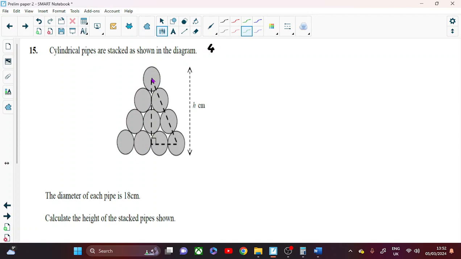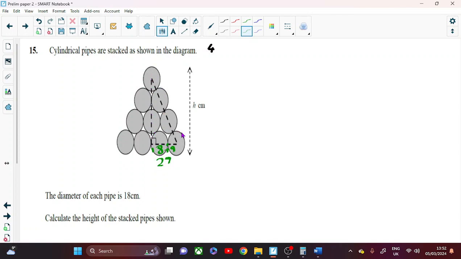I need to work out the entire height. I know this is 18 to there, and I know that's 9. So 18 plus 9 is 27.